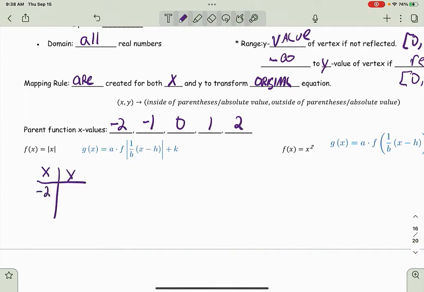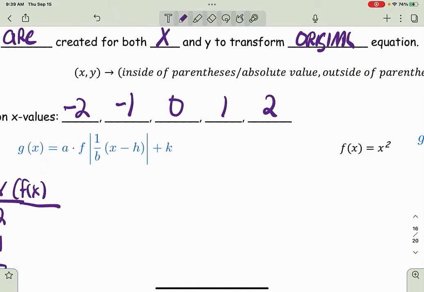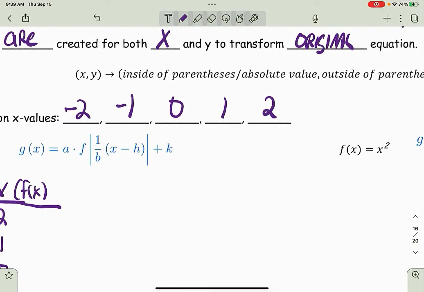So I have -2, -1, 0, 1, and 2. And notice f of x is the absolute value of x, so my y, or my f of x, is going to be 2, 1, 0, 1, and 2. And again, here is how the absolute value looks when I plug in or show all my parameters.